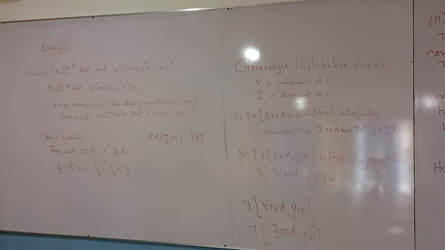The negation of P implies Q is P and not Q. Assume that P and not Q is true, get a contradiction. That is it. How do you disprove a conditional statement?